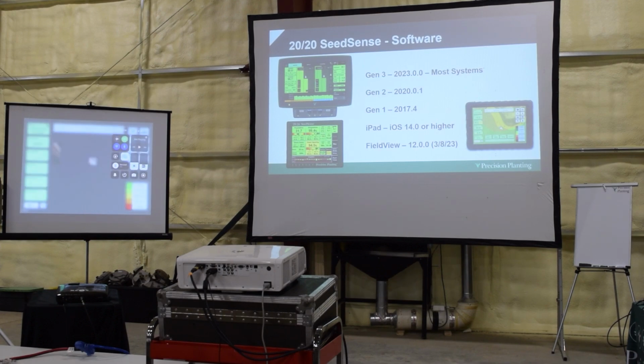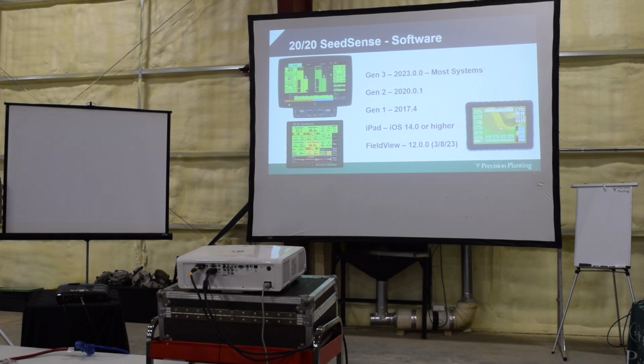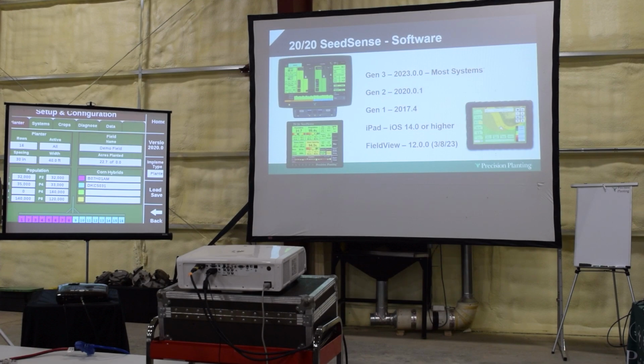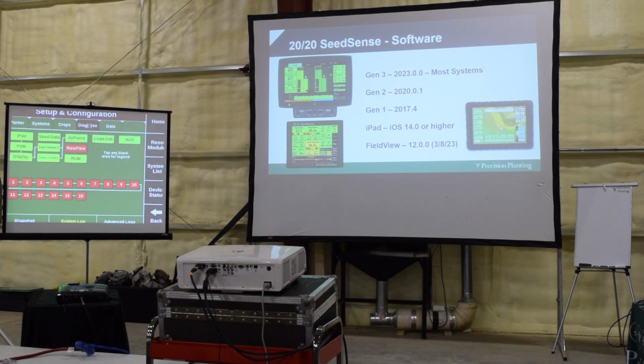Let's go ahead and switch this back. For those of you that are running a Gen 1 or Gen 2, if we go to the diagnose button on the screen here and we notice things, now I am still connected, so you notice the iPad is green, FieldView module is green, and display is green. So if I go ahead and back out of FieldView completely, you'll notice it turned yellow. Now, iPad is here.